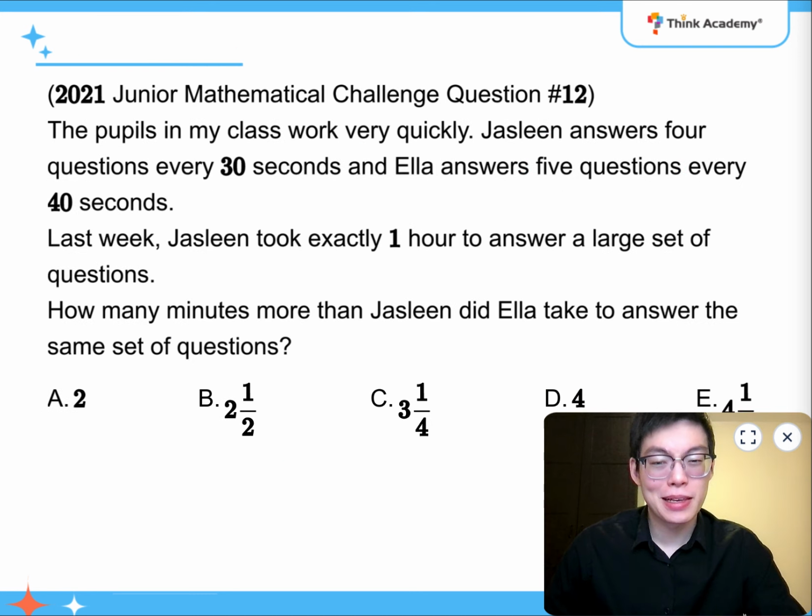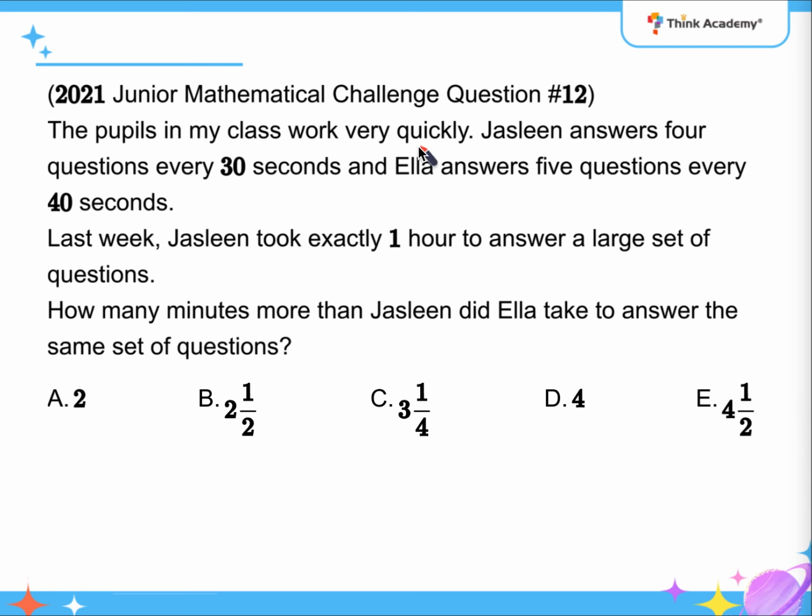Okay? And for question 12, this one is finding the unit value, or you can also use ratio to solve it. But basically, these two are very similar. So word problems, and it belongs to finding the unit value. It says that Jaslyn answers 4 questions every 30 seconds.